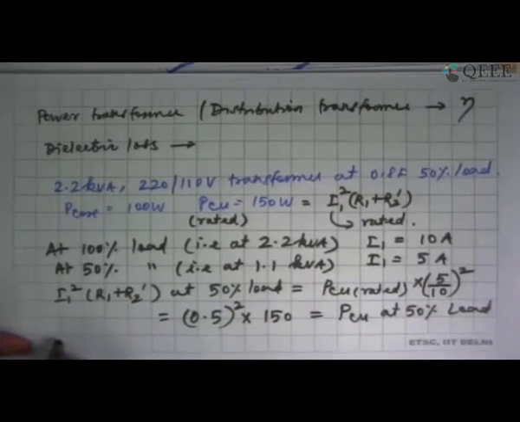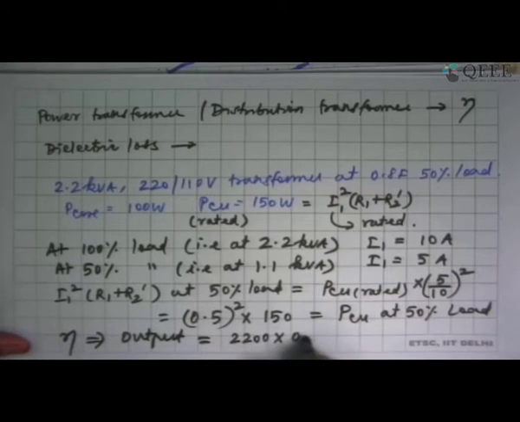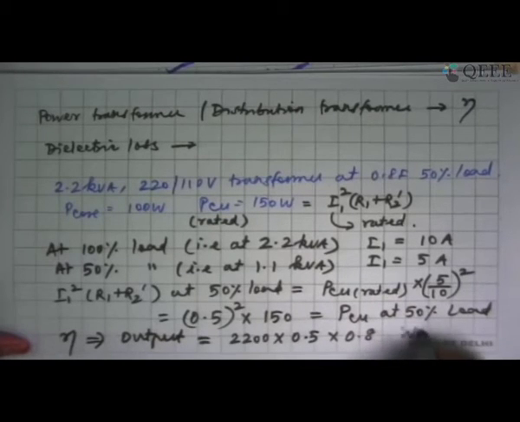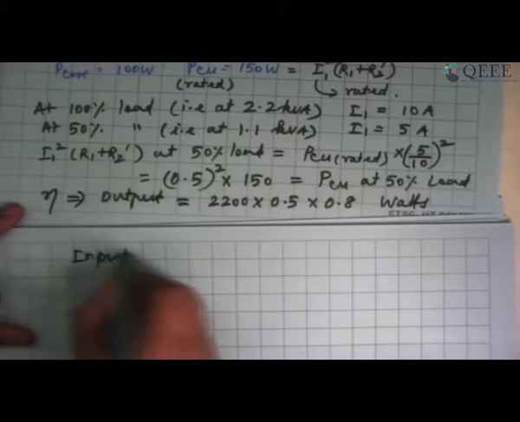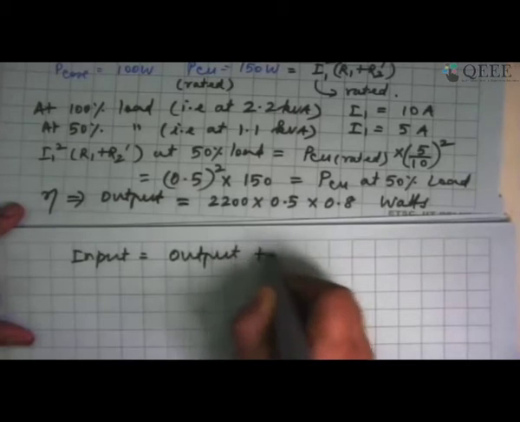Now, if I want to calculate the efficiency, first of all, I have to calculate what is the output. Output will be 2200 multiplied by 50%, which is 0.5, multiplied by the power factor 0.8. So many watts. This is what I will get as the output. So if this is my output, I can calculate the input to be output plus losses.